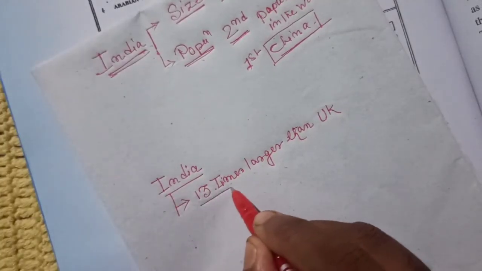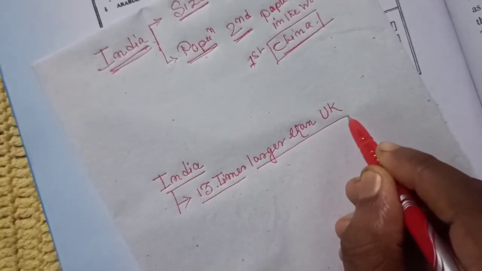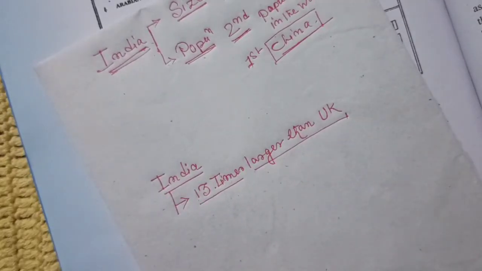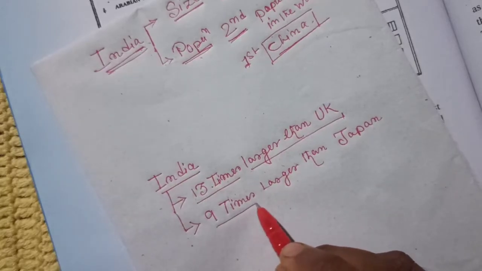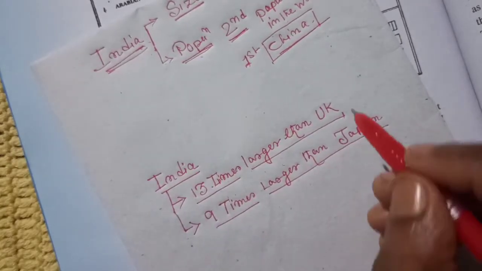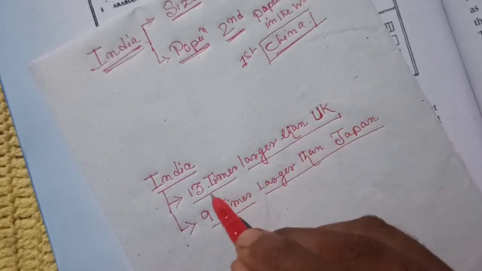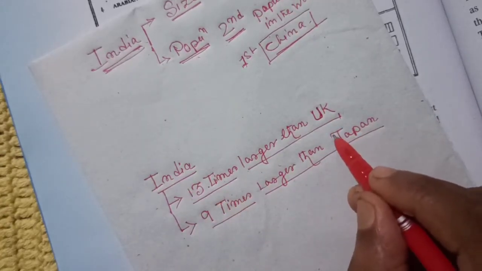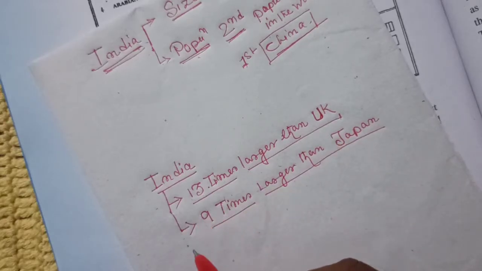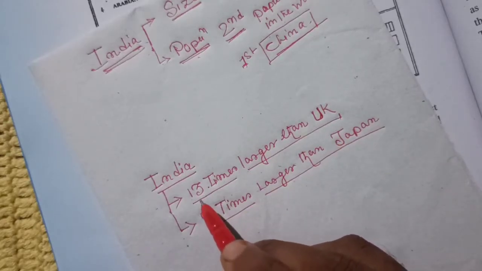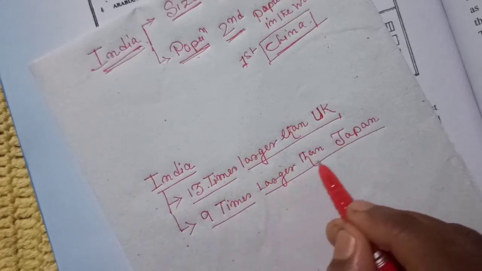13 times larger than the United Kingdom and 9 times larger than Japan, meaning 13 United Kingdoms together make India, and if you add 9 Japans, then you get a single India.